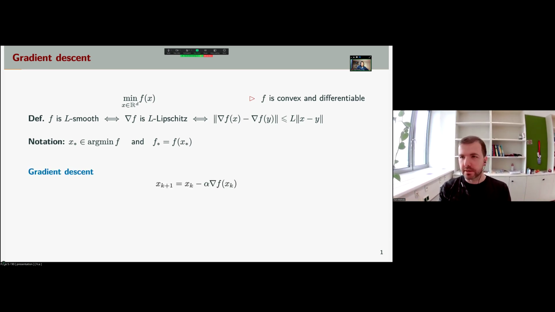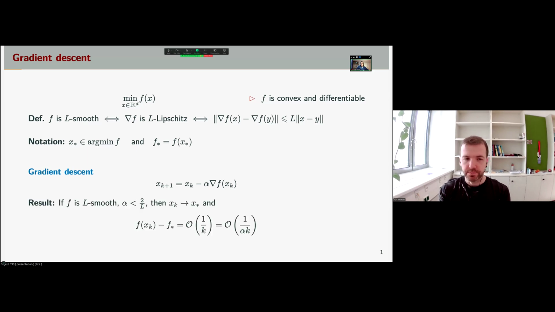The foundational algorithm for this kind of problem is, of course, gradient descent. Most likely you all know about it, where alpha is some positive number, the step size. And we have the following result for gradient descent.